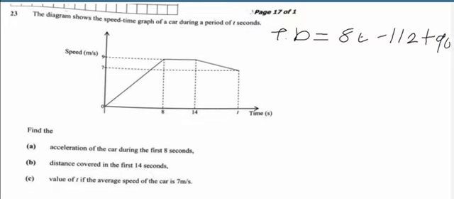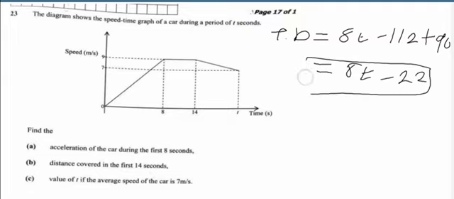That is our total distance. When we do the computation here, we are going to have 8t, then minus 22, because negative 112 plus 90 is negative 22. So this one is our total distance.